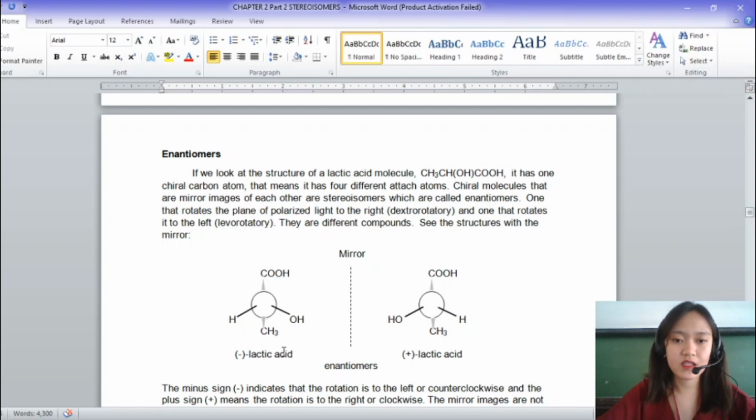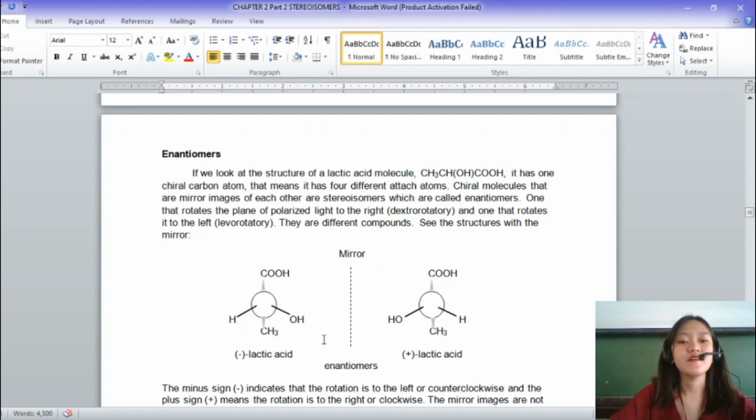You have the negative lactic acid and the positive lactic acid. Okay, so this is the levorotatory isomer and this is the dextrorotatory isomer. Dextrorotatory because it has the positive sign and levorotatory because it has the negative sign. One that rotates the plane polarized light to the right is dextrorotatory with a positive sign, and one that rotates the plane polarized light to the left is levorotatory with the negative sign.